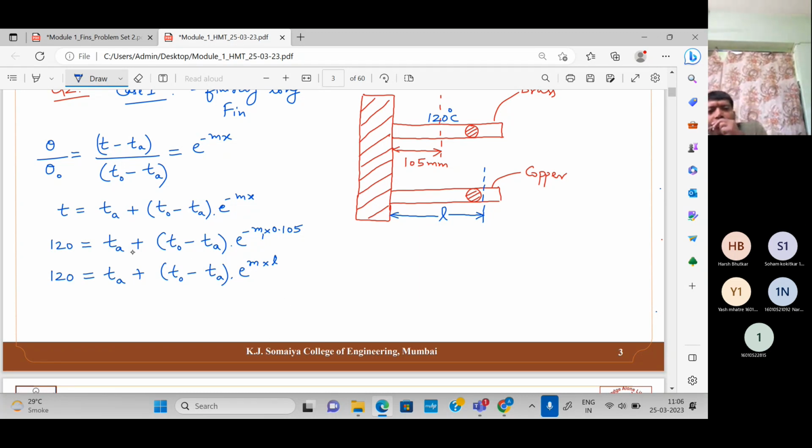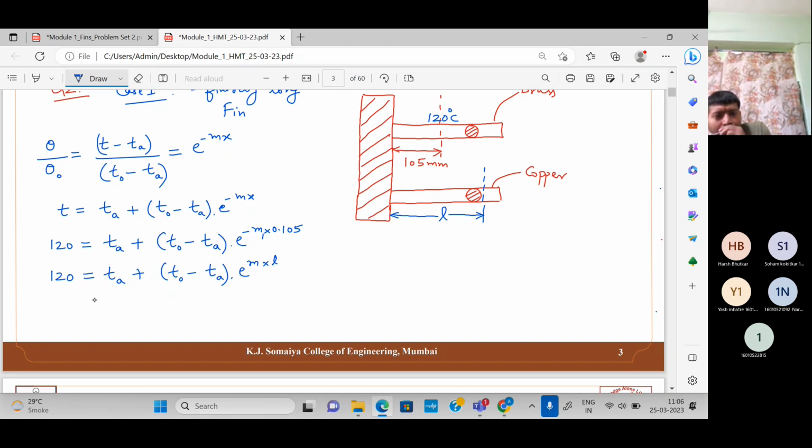For this brass, I have written this equation and we are getting 120 degrees Celsius temperature at 0.105 meter distance. Now we will write the equation for the copper rod. Same temperature at L distance.